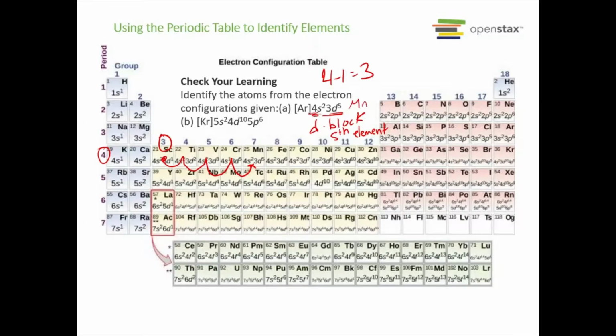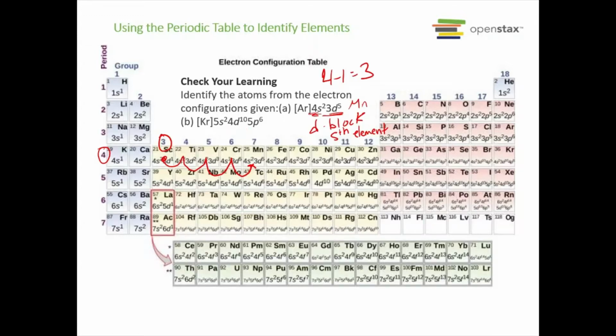For B, we're told krypton, 5s2, 4d10, 5p6. All right, so this guy, we have a 4d10. And then we also see, though, that this D block is full.